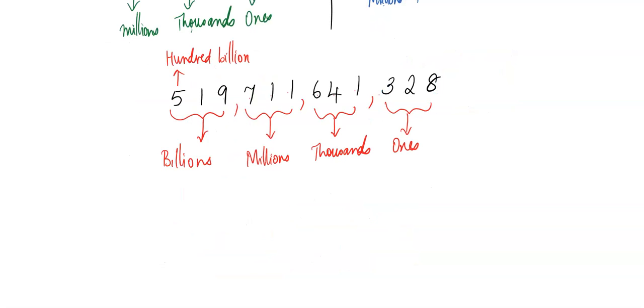Now you will be asked to name a number. Name a number is what I just said to you as to how you read the number, but you're going to write it in words for that. So when you name a number, you are going to separate it out like this, and then you will read it. For instance, if this was the world population, how do you say how many people there were?